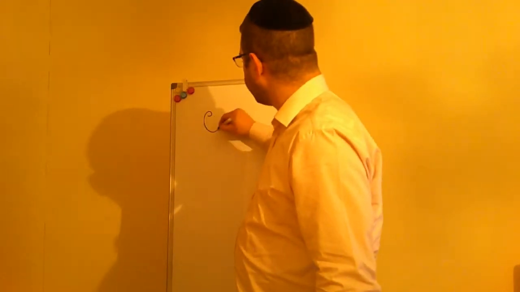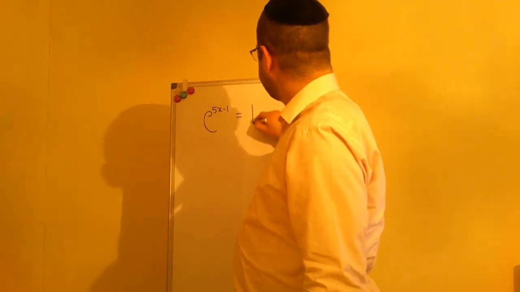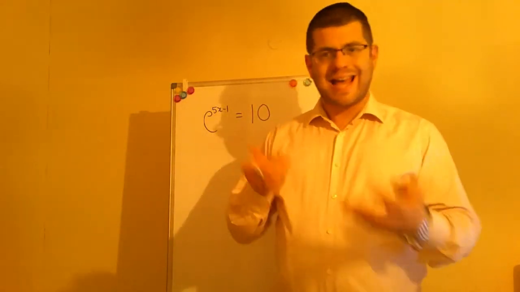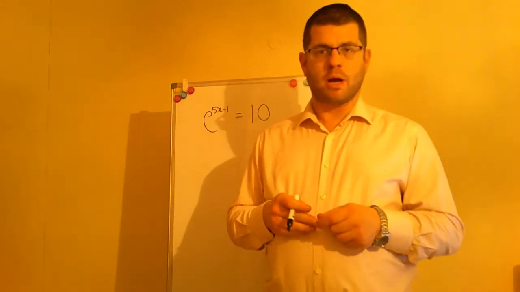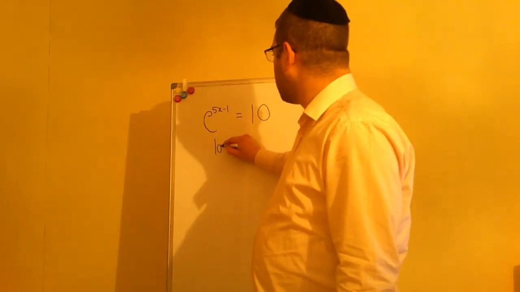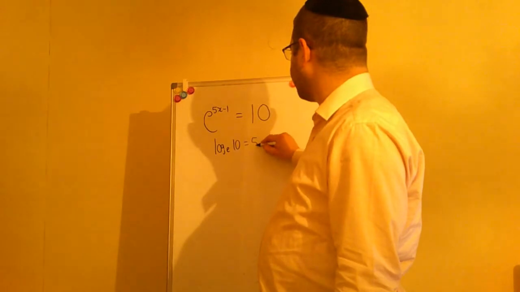So let me show you what I mean. We've already learned that if you were to solve e to the 5x minus 1 is equal to 10, using the old technique of what we've done before, you might turn that into a log. I'll say log base e of 10 would be equal to 5x minus 1.